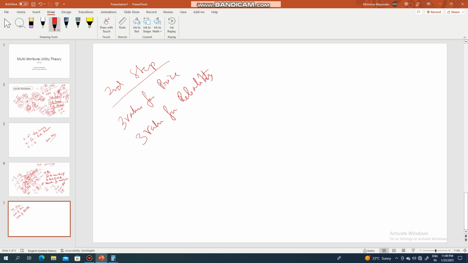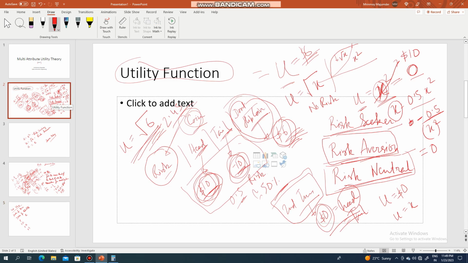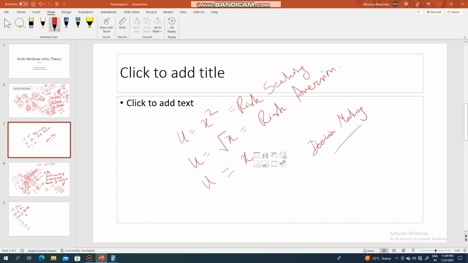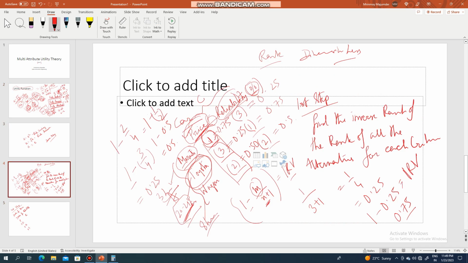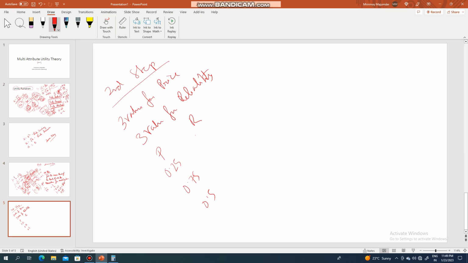So in case of price and reliability, 0.25, 0.75 and 0.5. And here also I think it will be 0.7, 0.25, 0.75, in case of reliability, 0.25, 0.75, 0.5.